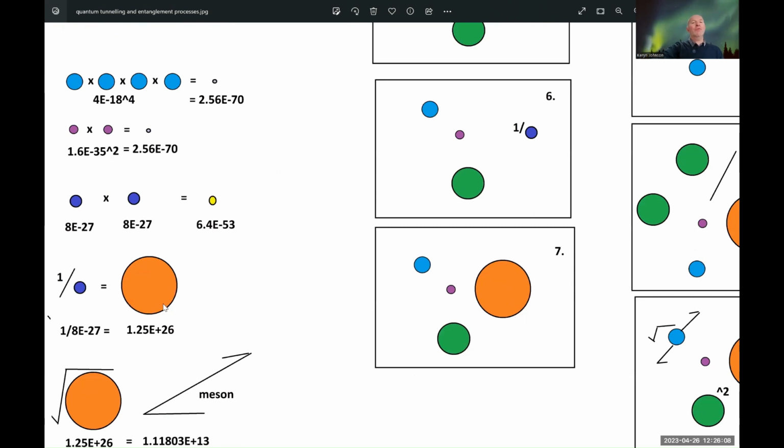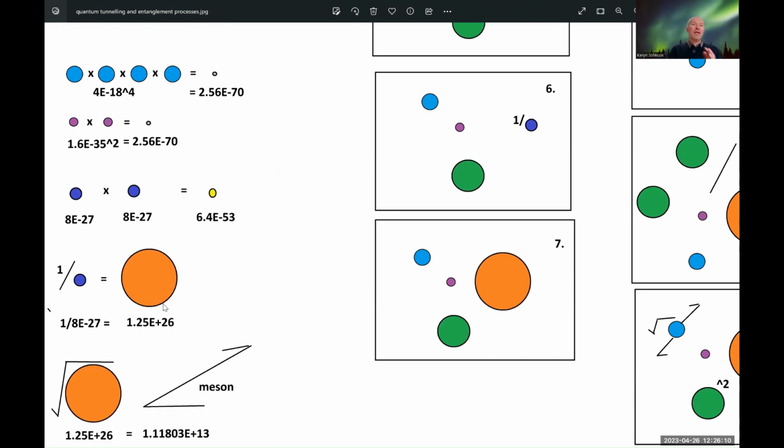And here we have a couple of other things. We have the 2 singularities, the 1.6e to the negative 35 multiplied together to give the 2.56e to the negative 70. We have the 8e to the negative 27 multiplied together to give 6.4e to the negative 53. So we can see relationships between the 53 and the 2.56e to the negative 70.